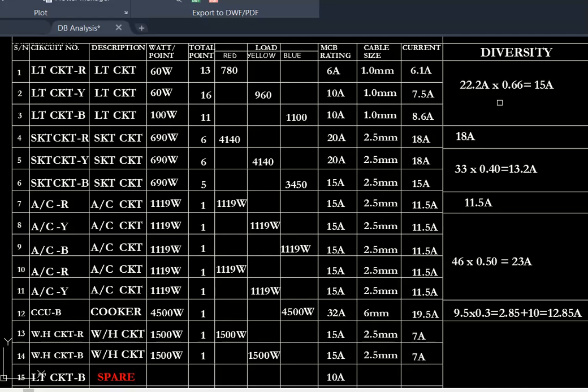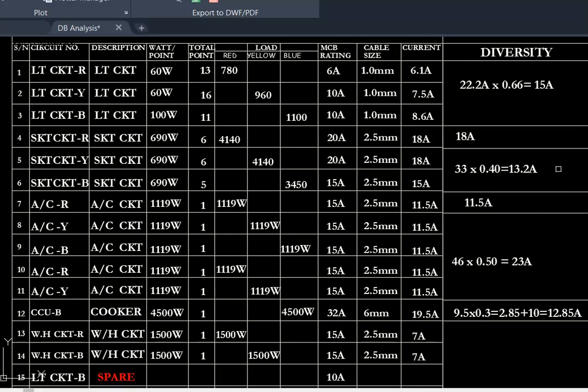Please take note, diversity factor does not apply to distribution boards. Distribution board calculation remains the way it is. It's only when you want to size the service mains, the changeover, your bus bar, your generator. These are the areas where you reduce the current carrying capacity by applying diversity before you determine those apparatus.